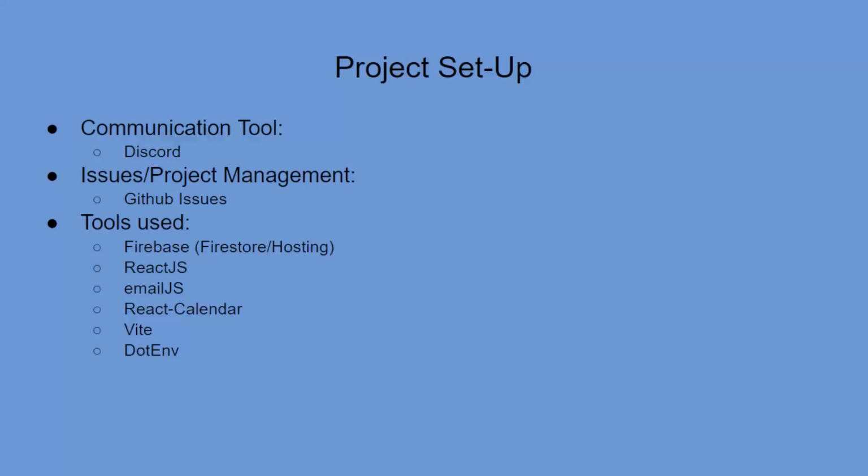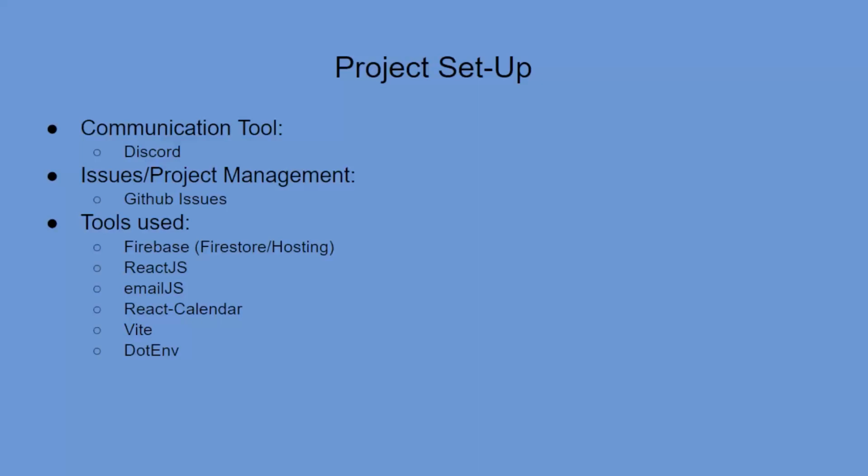And for the tools used, we all used pretty much the same IDE, which was Visual Studio Code, and we installed things like npm onto our command line and Firebase so that we could deploy it, and also use the database. We used React.js, which is what we interacted with most, as well as EmailJS to send emails, and React Calendar, which gives us hooks so that we can choose a date range, and it modifies the financial statements that are given to you.